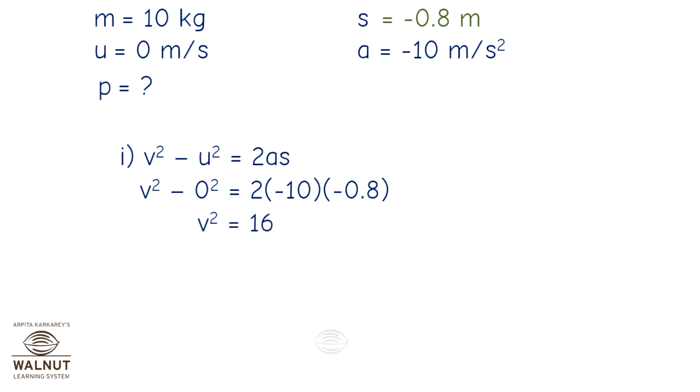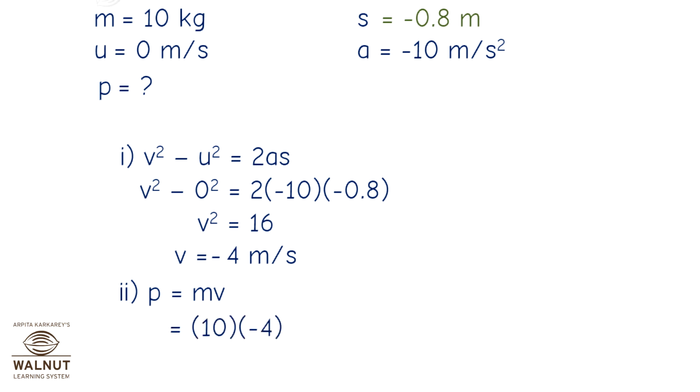Therefore, V square is equal to 16. Therefore, V is equal to 4 meters per second. It is a downward direction. Therefore, V is equal to minus 4 meters per second. 2. P is equal to mv. Therefore, P is equal to 10 into minus 4. Therefore, P is equal to minus 40 kg meters per second.